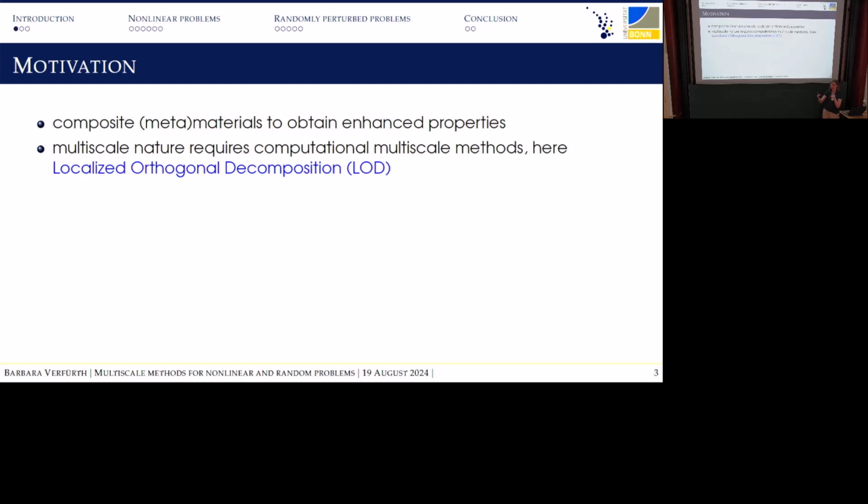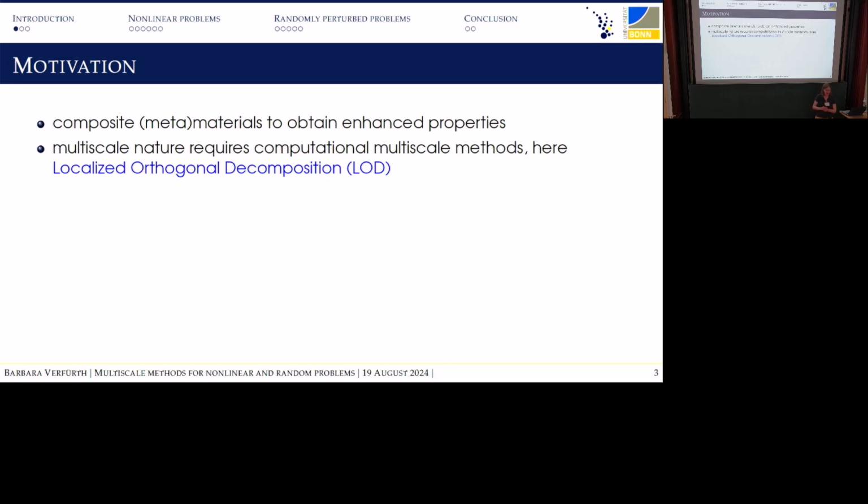This often has some fine scale structure that is much smaller in comparison to the length scale of our general problem. This is typically called a multiscale problem, and we've already heard and seen as well that we will need computational multiscale methods to solve such problems.